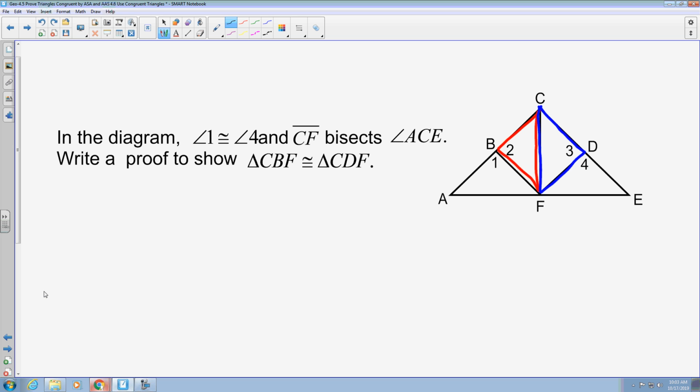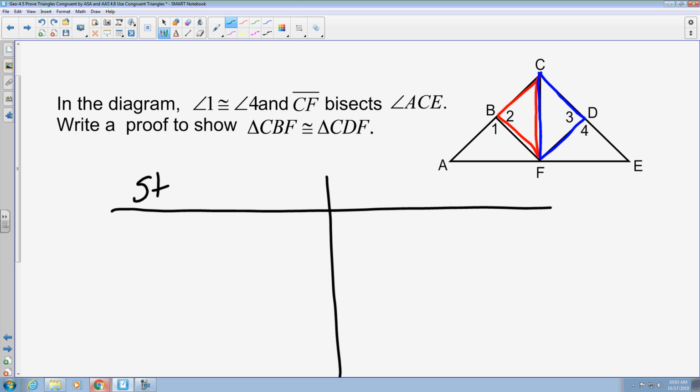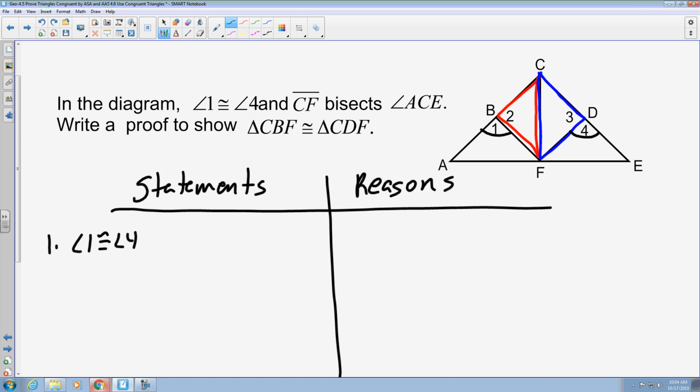All right, so let's make up a proof here. I've got some statements and some reasons. So right off the bat, let's write what is given. I know that angle 1 is congruent to angle 4. I'm just going to put little hash marks there because they told us that.